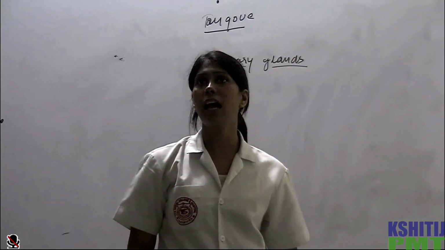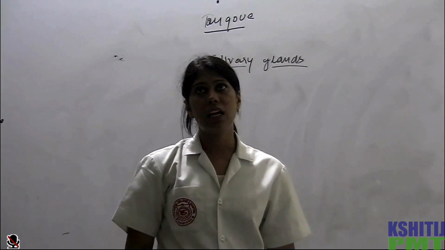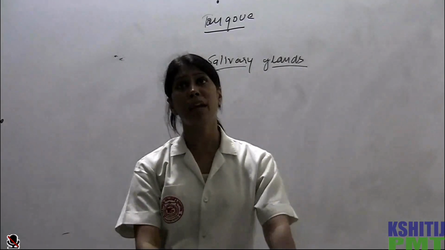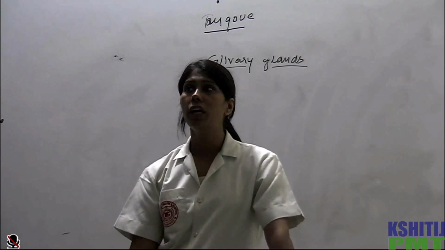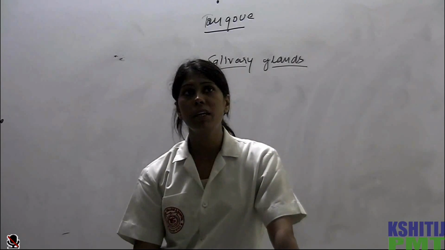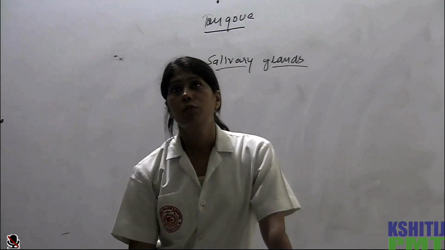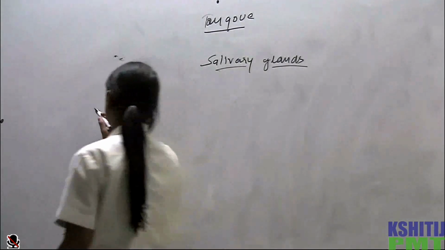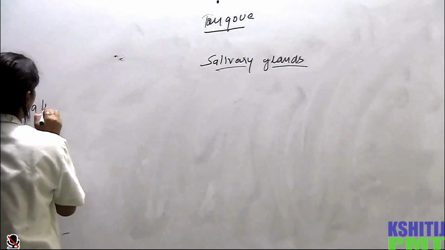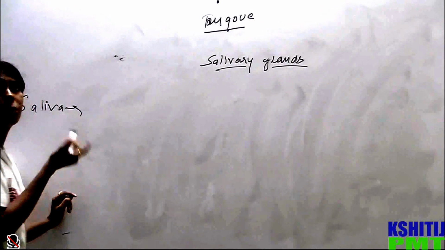Obviously salivary glands will secrete saliva. And saliva has many functions, including taste, including the mixing of food. The function of the salivary gland is to secrete saliva, and saliva has many other actions.